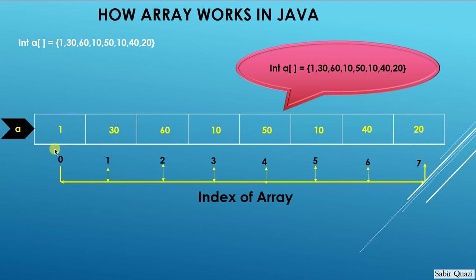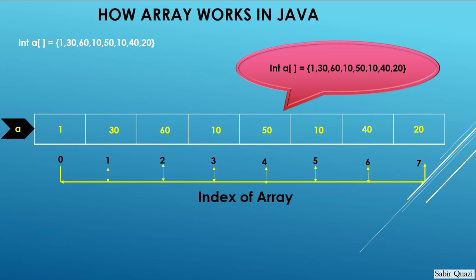These are the indexes of these blocks. Every block is assigned an integer number, and that number is called the index of that particular block. So every value in an array is fetched or updated with the index number.